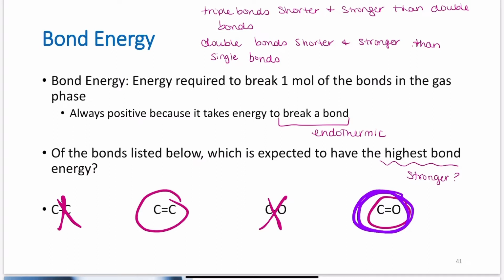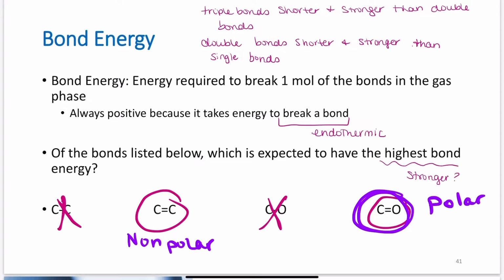What's the difference between these two molecules? This is polar, and this is nonpolar. That polarity is an unequal sharing of electron density, right? Oxygen is more electronegative than carbon, therefore it's going to pull the electron density to itself. So oxygen is kind of like, yeah, I'll share with you a little bit, but really I'm going to pull your electron density to myself.